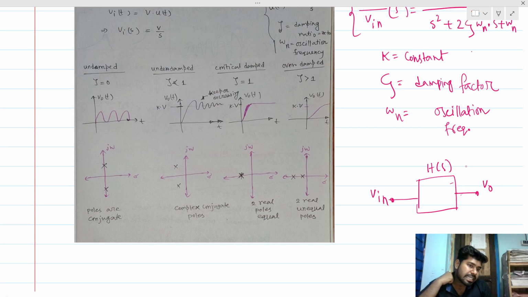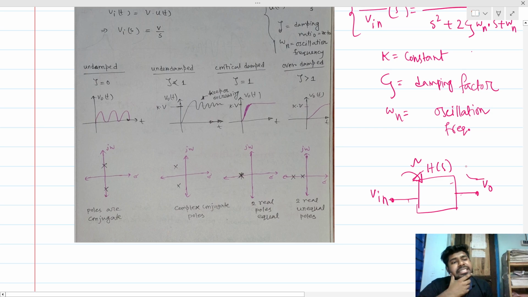Let's say this circuit is in feedback or not, and we are putting a small disturbance here. Then the damping factor says how quickly the output waveform will decay and reach its stable, steady state form. This is the physical significance of the damping factor.